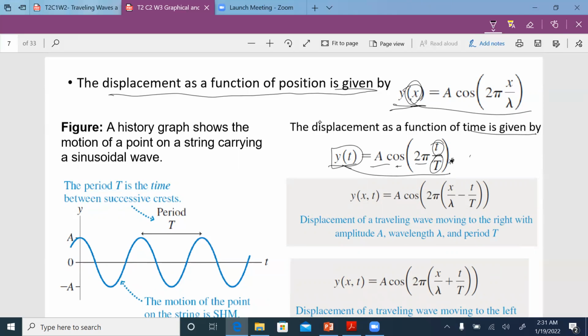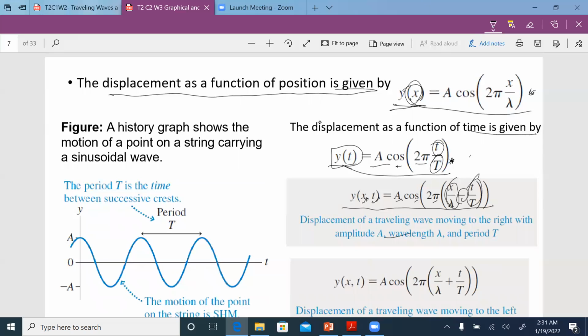If we know the displacement as a function of position and as a function of time, combining these two expressions, we have the displacement as a function of position and time equal to amplitude cos 2 pi, this for position and this for time. You notice here there's a minus.